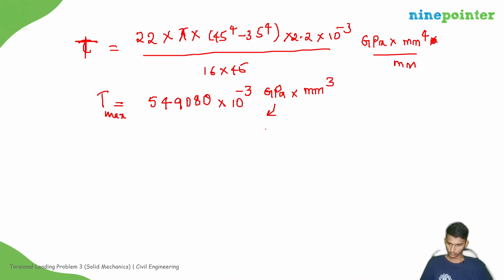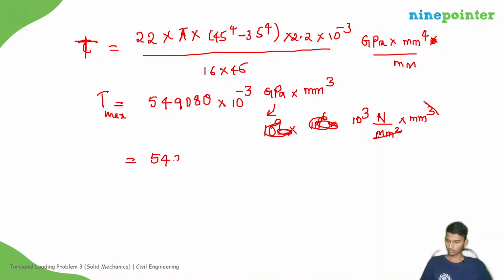So this will be 10 power 3 into megapascals. Megapascals means Newton per mm square, so that will be mm cube. So that will be 549,080 into 10 power minus 3 into 10 cube Newton mm. So that will be 54.908.